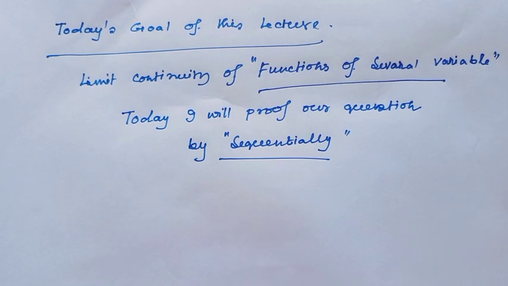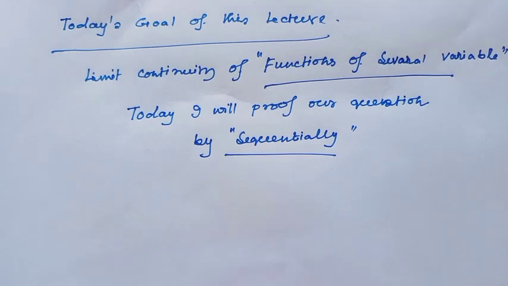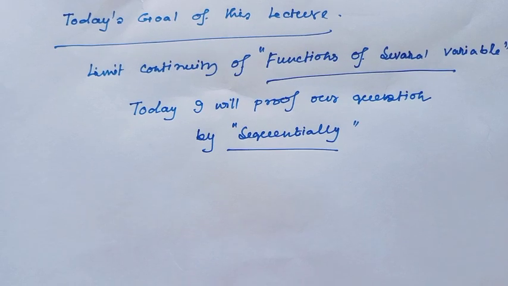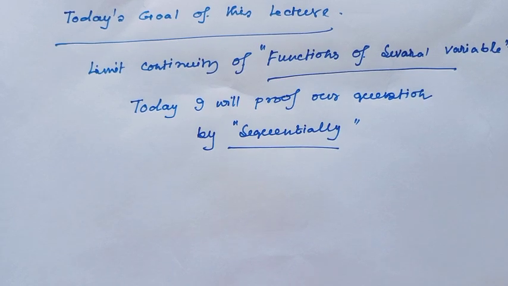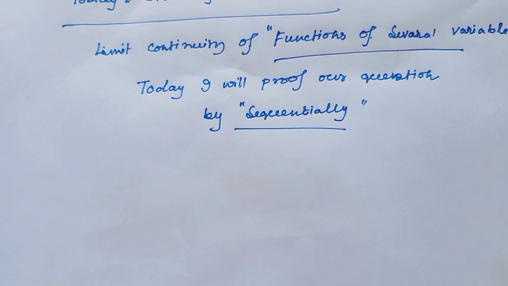Welcome back. Today's goal of this lecture is to see limit and continuity of functions of several variables sequentially. In my previous video, I had seen limit and continuity by the epsilon-delta definition and also sequentially, but I proved every example by the epsilon-delta definition.